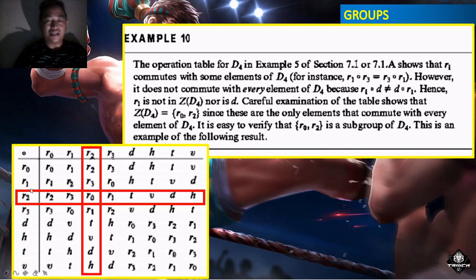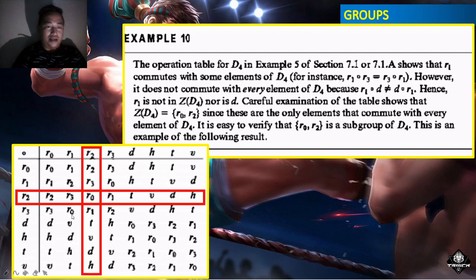So R2 commutes. R2 compose R0 is R2, and R0 compose R2 is R2.